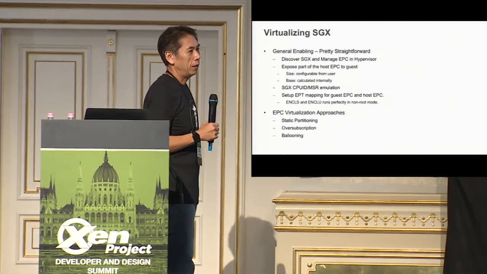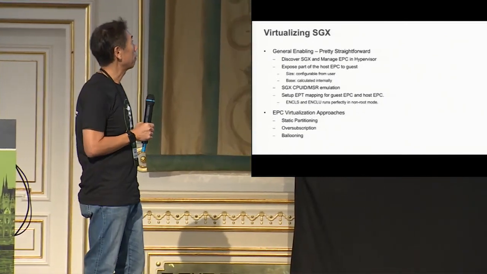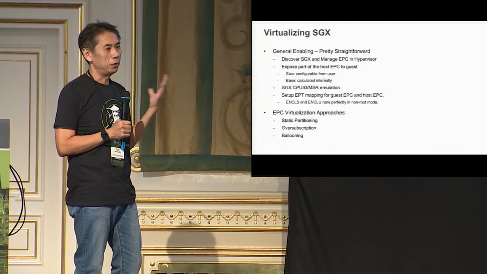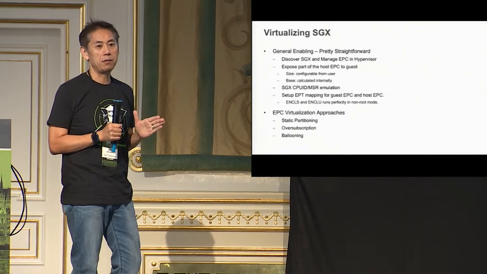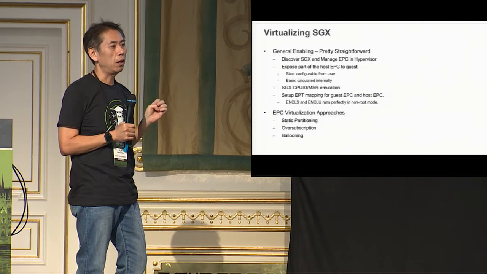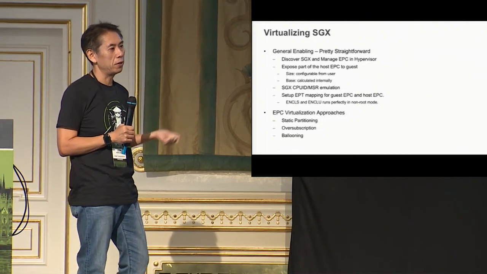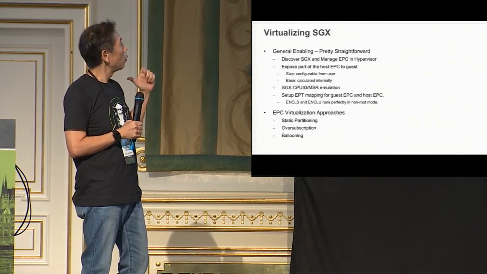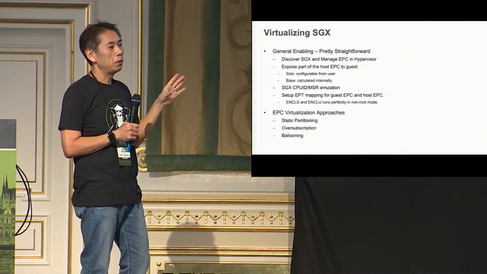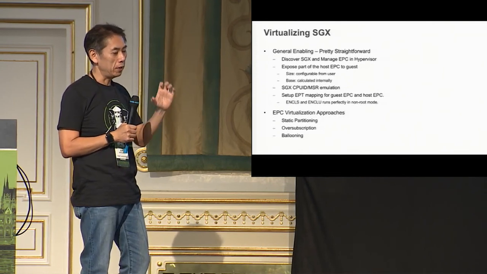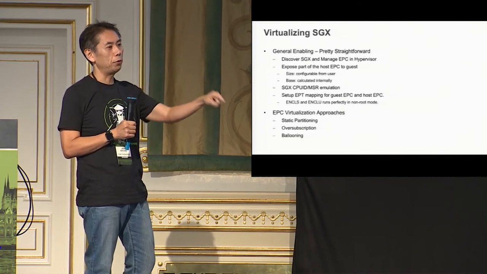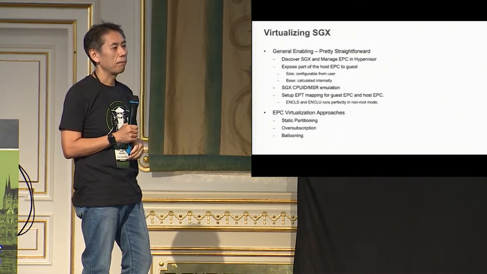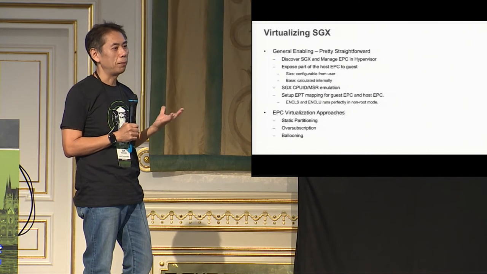Now, how are we going to enable SGX in Xen? Some part is straightforward. You essentially advertise SGX using CPUID and MSR, some SGX-specific MSRs. Then, EPT: what you need to do on the Xen side is, in the EPT, you simply point to the EPC pages. That's it. You don't need to do anything special for that part.